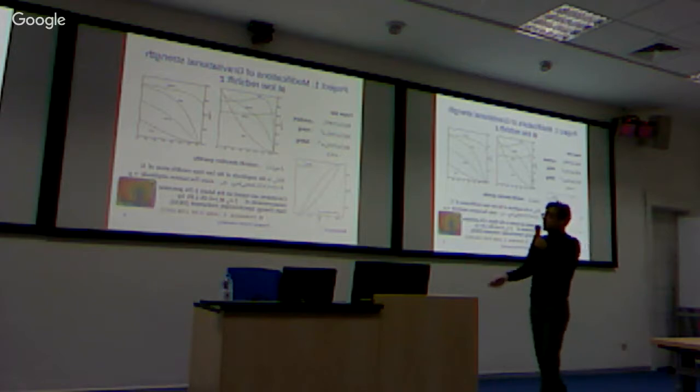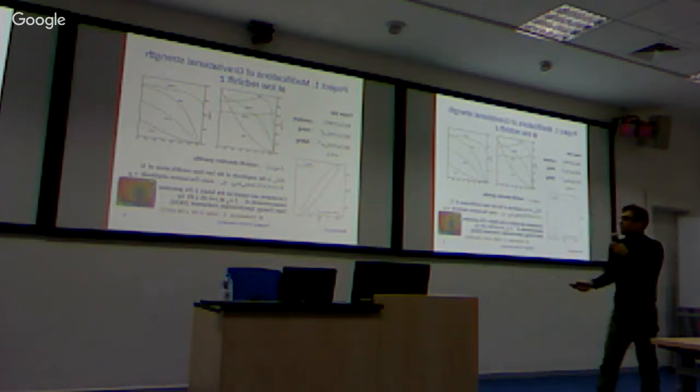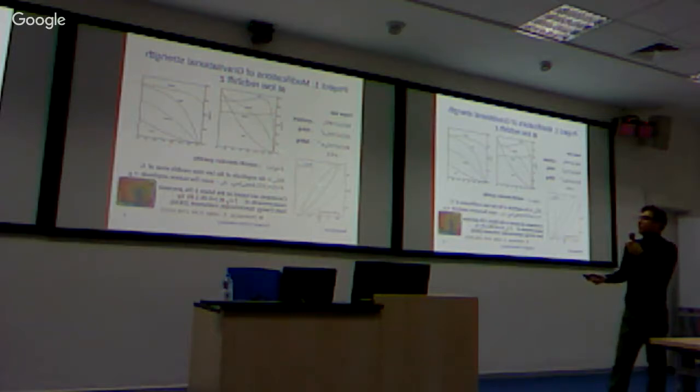This means that, in principle, if you look at a quantity which is sensitive to the modification of gravity, you could detect the different kinds of behavior: falling, constant, rising.